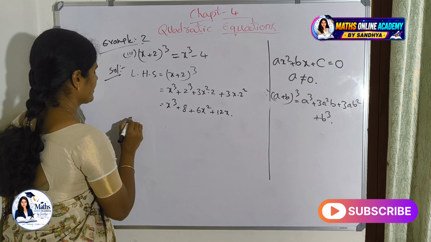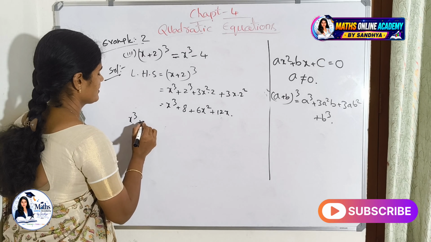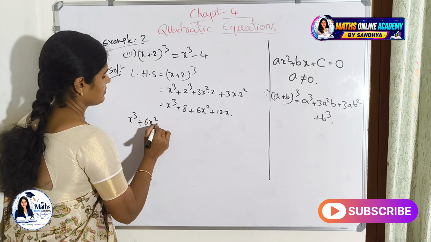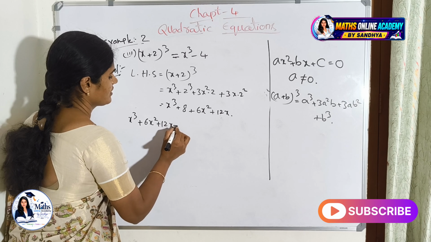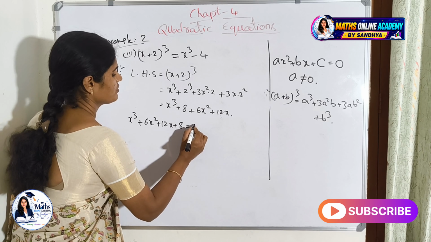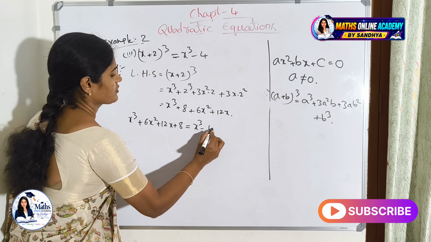Next, x cube plus 6x square plus 12x plus 8 equal to x cube minus 4.